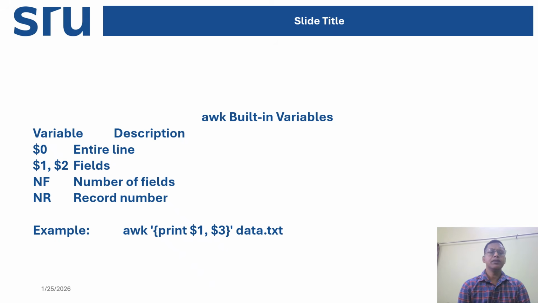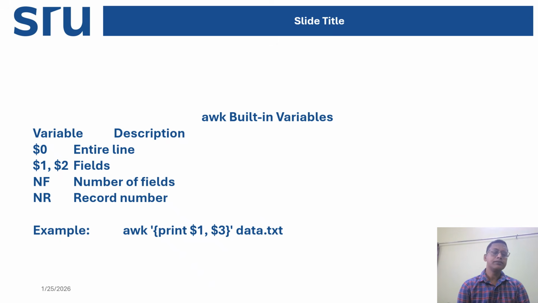In such a scenario, $0 means the entire line. $0 means the entire line. $1, $2, and so on are the first column, second column, third column, fourth column, and so on. So when you want to search the first column, you need to give $1. When you want to get second column data, you need to give $2, and so on.